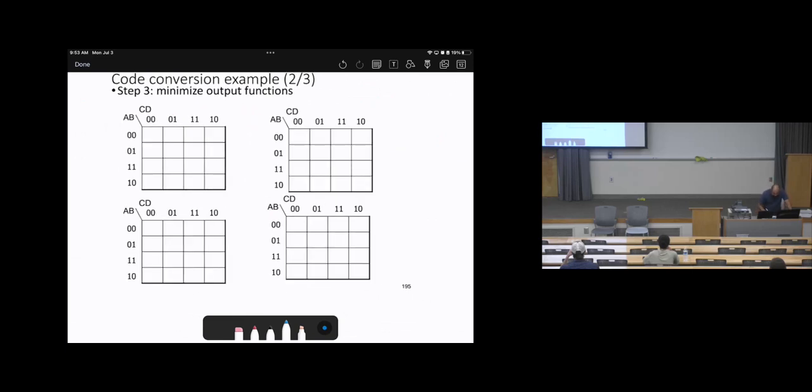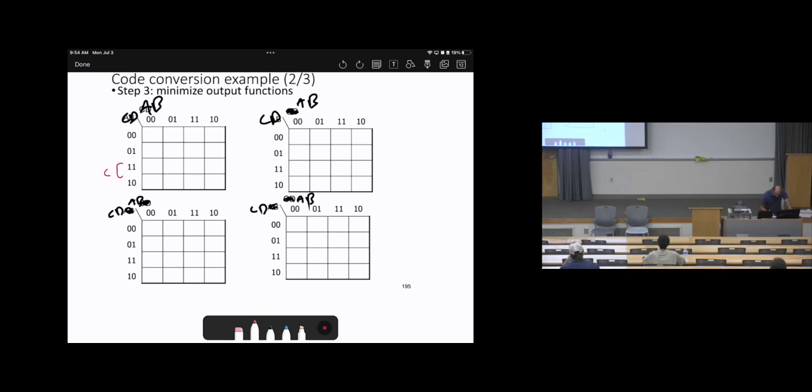Here, I'm going to make a modification because this will be CD, here is AB, and I can make the guidelines. Here is A, here is B, here is C. Oh, I think I messed it up. Let me do it again.